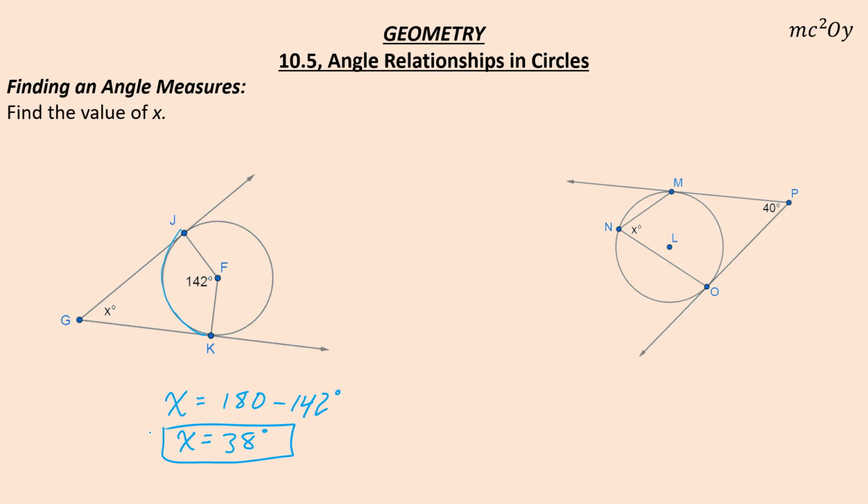A little more complex over here, so I'm trying to throw in a little tougher one. Let's take a look at this one. First thing I notice is I have a quadrilateral.